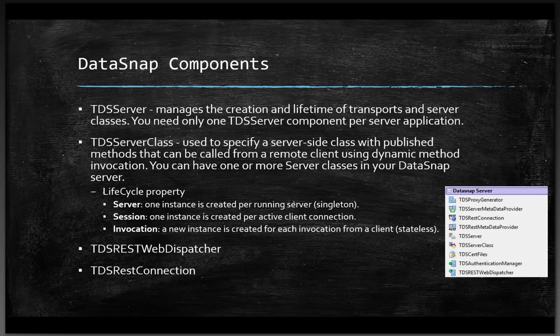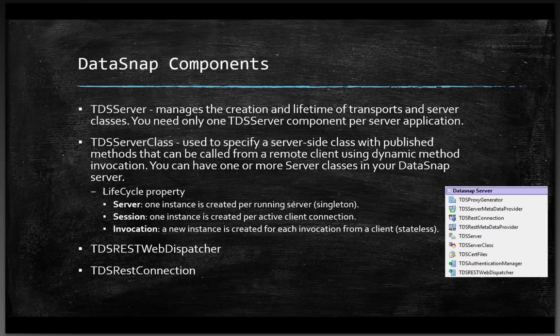The DS REST connection is the component you put on the client side, and it provides the client side equivalent to the back end of your DataSnap server to make the connection through the port, the IP address, or host name. It also is used to create the client side method declarations for whatever methods are in the public section of the server class.